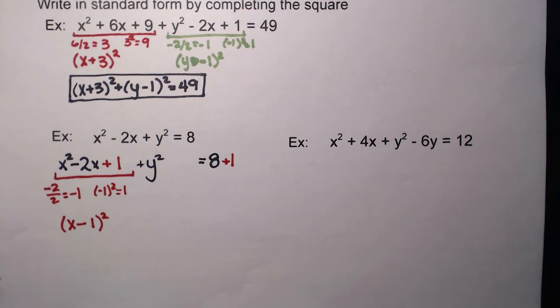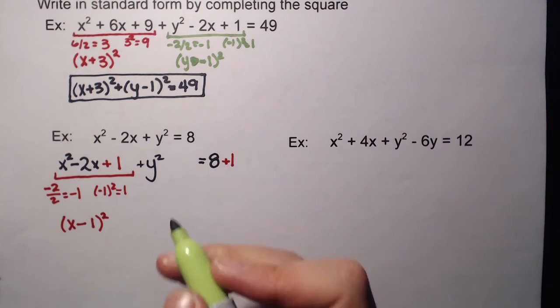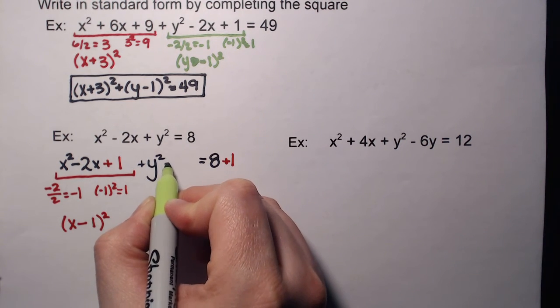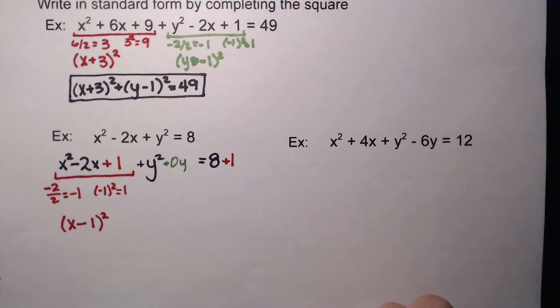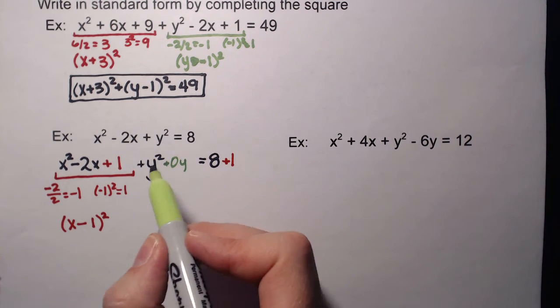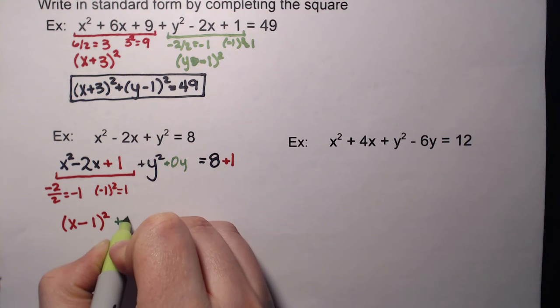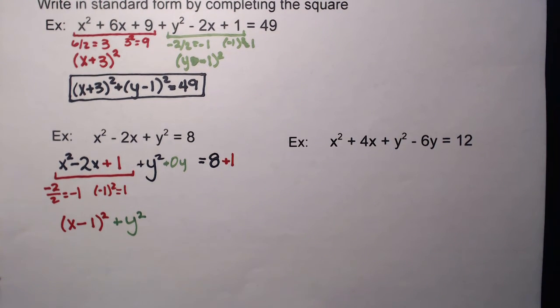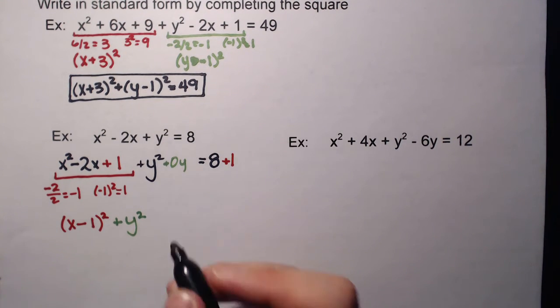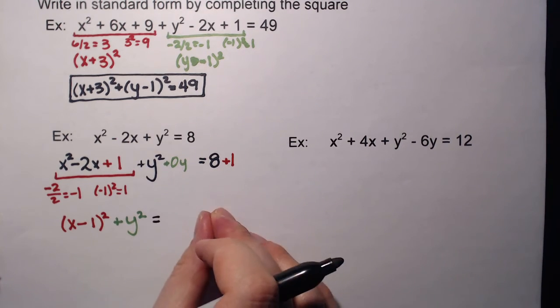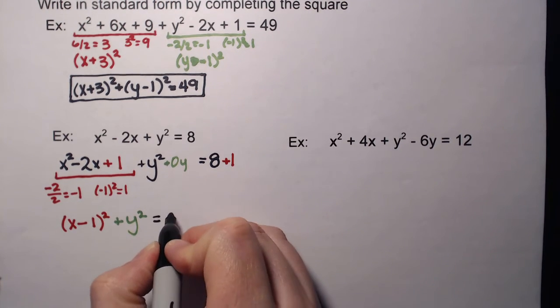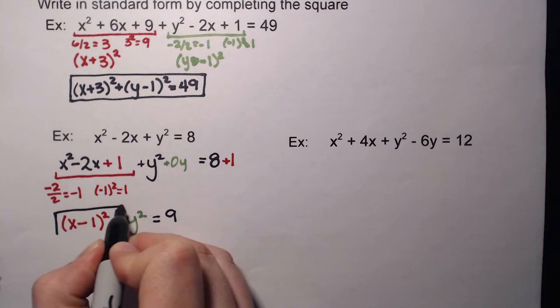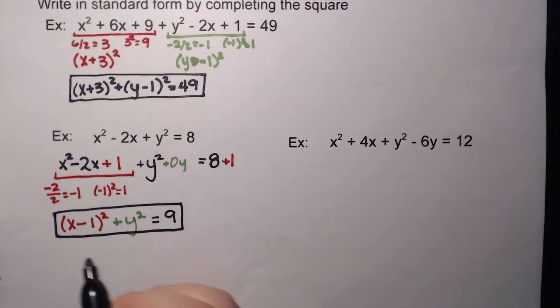I've added 1 to both sides of the equation. Because there isn't another y term, you could think about it as 0y, but it's just the y squared. And then I add together that side, so 8 plus 1 is 9.